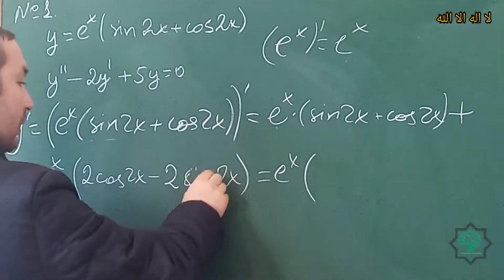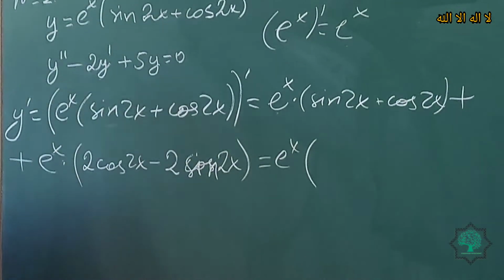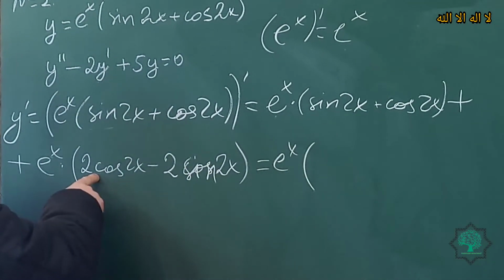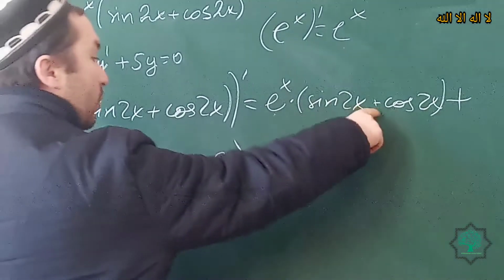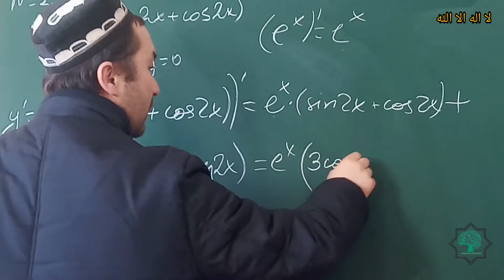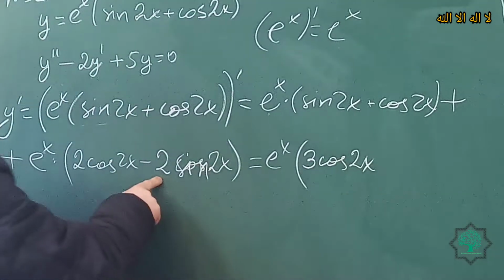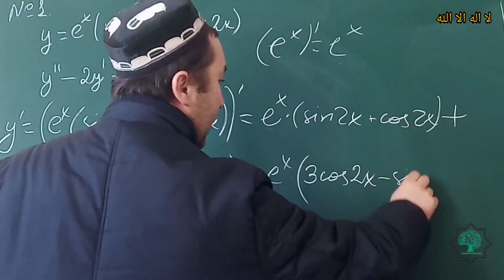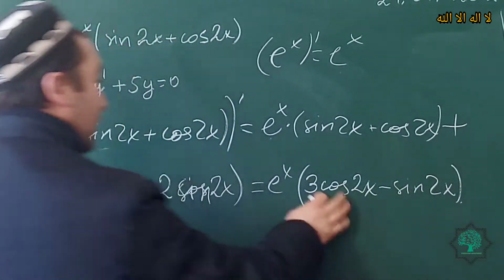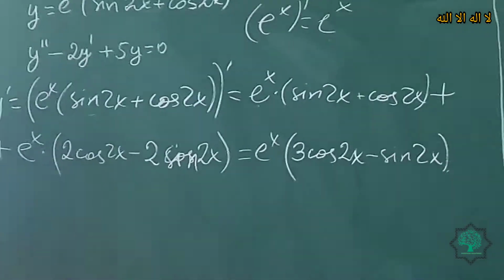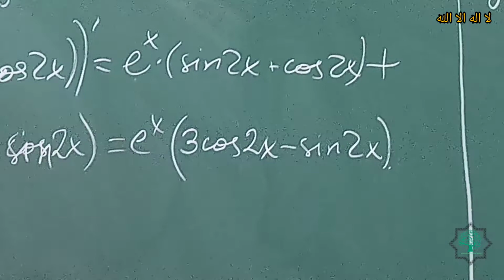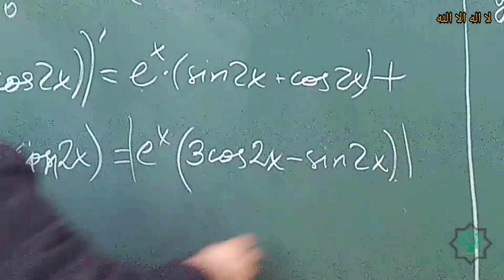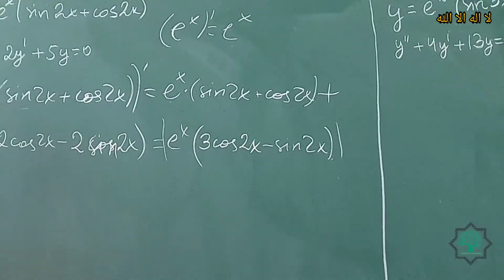Here we have sinus 2x, so we have 2 cosinus 2x and 1 cosinus 2x, 3 cosinus 2x minus sinus 2x minus 2 sinus 2x. That's all. Once more we take the derivative from the first derivative, and it will be the second derivative.